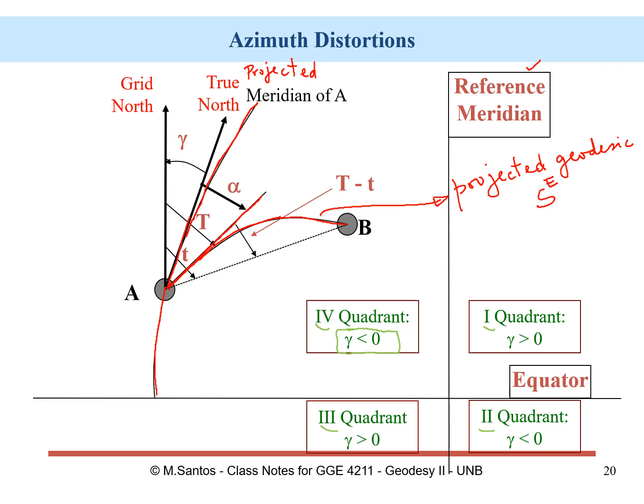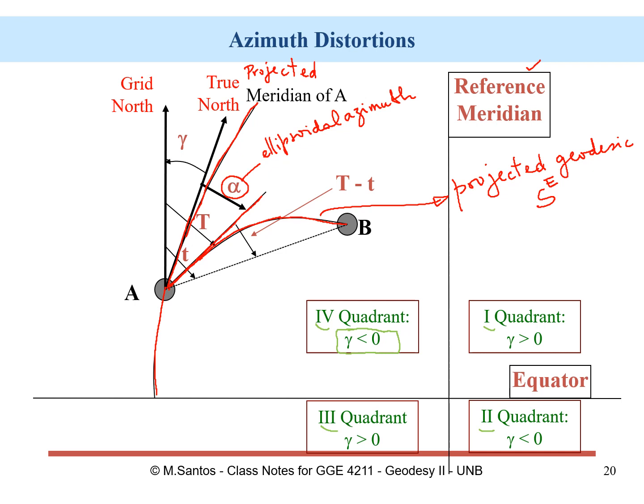It's being projected as a curved line here. So this is the geodetic or the ellipsoidal azimuth. This alpha is represented without any distortion. This is conformal map projection.